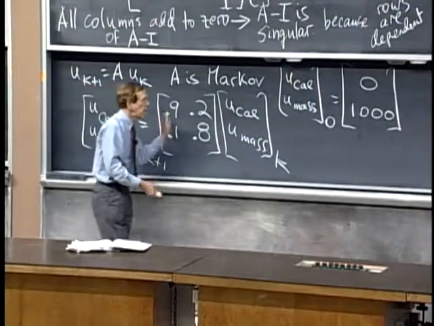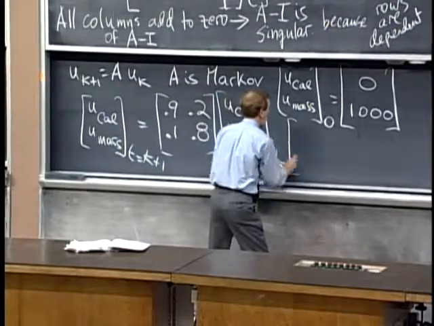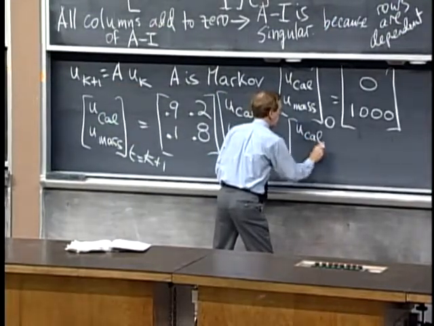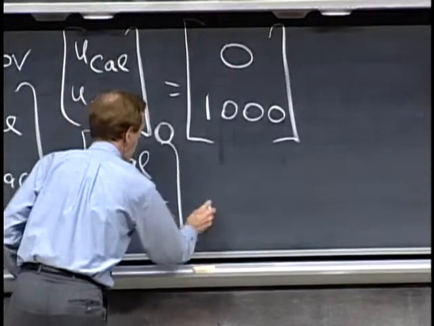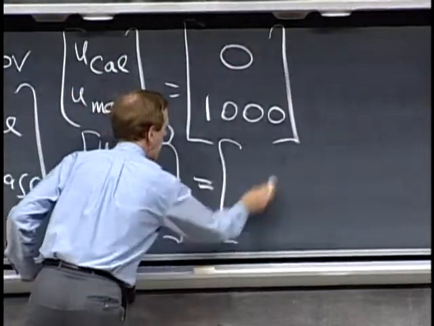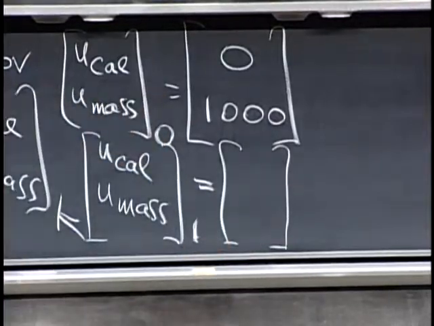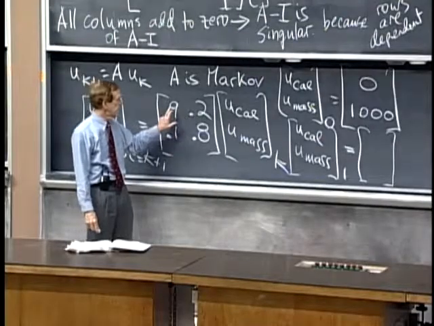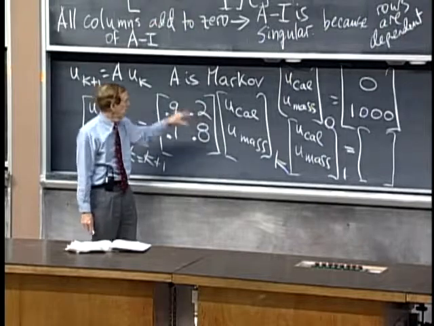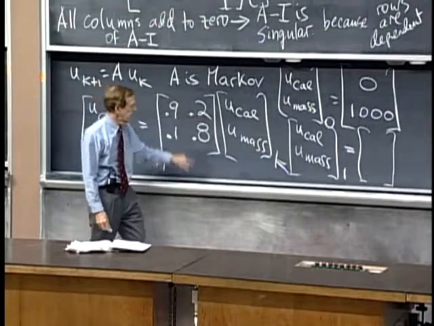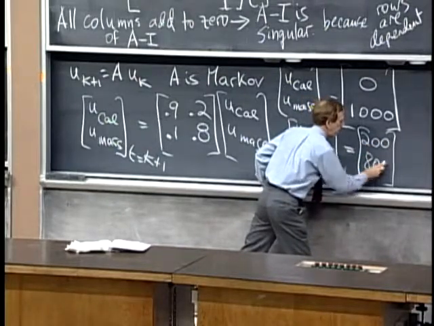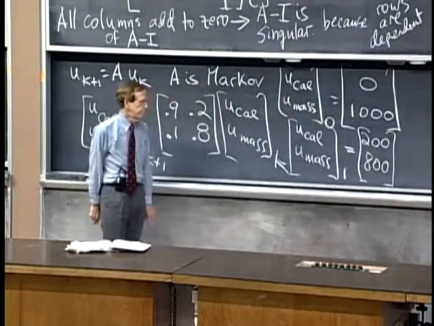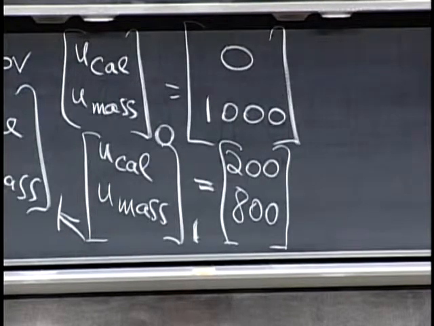Actually, why don't we figure out what it is after 1? After 1 time step, what are the populations? At time 1. So what happens in 1 step? You multiply once by that matrix, and 0 times this column, so it's just 1,000 times this column, so I think we're getting 200 and 800. So after the first step, 200 people are in California.